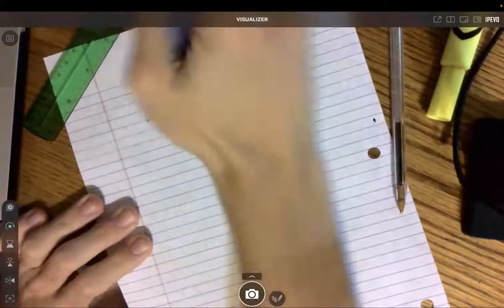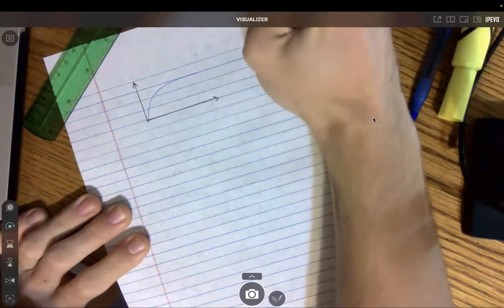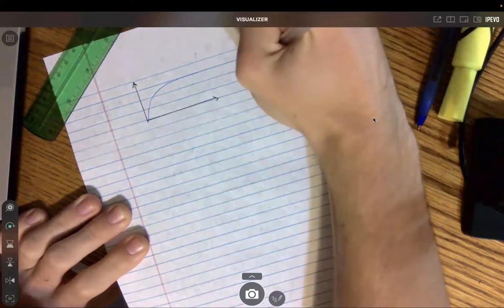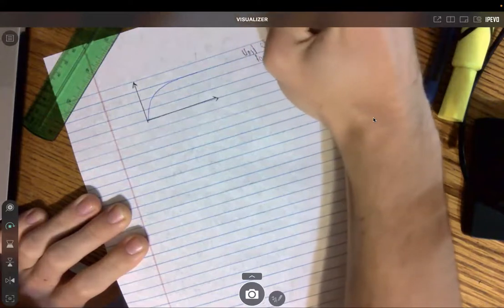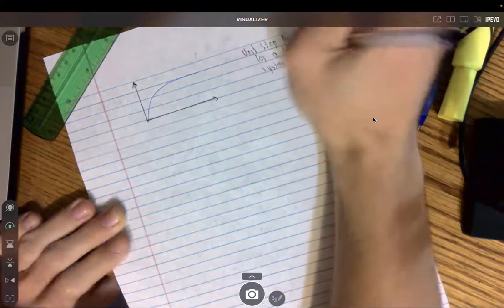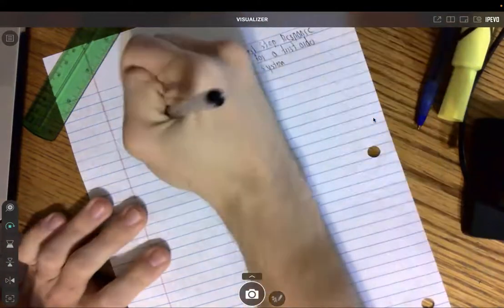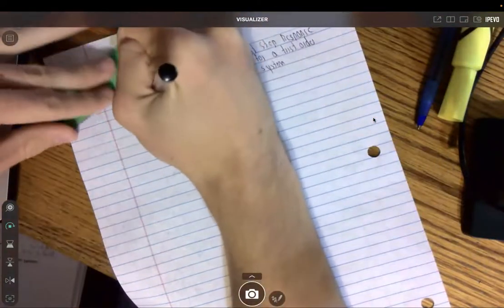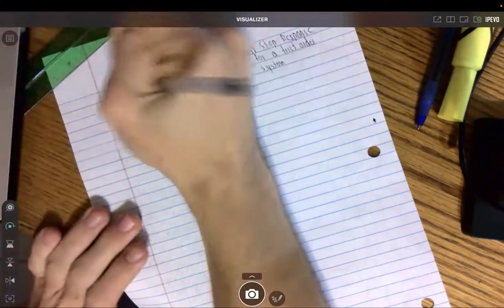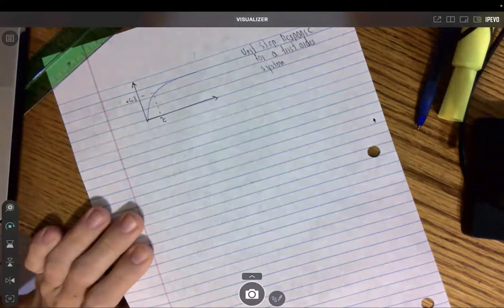So this is our unit step response for a first order system. The important thing to notice here is that it reaches τ at about 63%. So I'm going to mark this. It's about 0.63 of the final value.